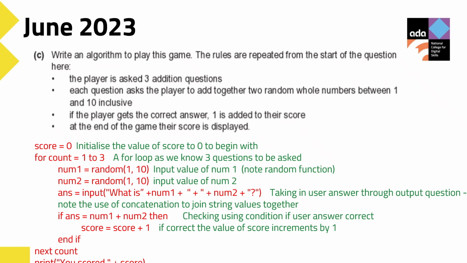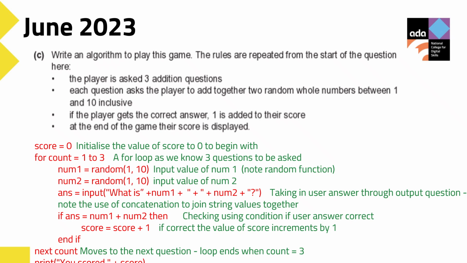The next line is our conditional statement, and what it does is it checks the user's input equals to the actual answer of num1 plus num2. If the answer is correct, then our score, which was initialized at 0, will increment by 1. The penultimate line moves to the next question.